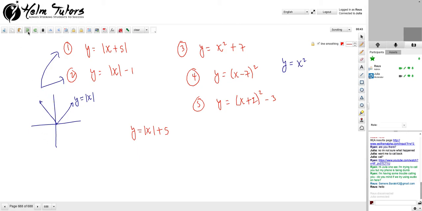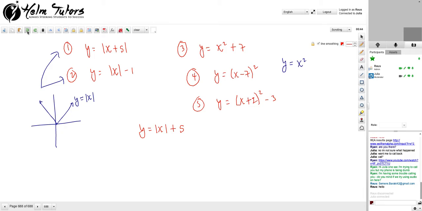But the distinction to make is when the number is outside the absolute value, it's up or down by whatever amount. So it's plus 5 here. If I were to graph this, I would see it as a vertical shift up 5 from the V that I drew in blue that was anchored at the origin. Does that make sense?